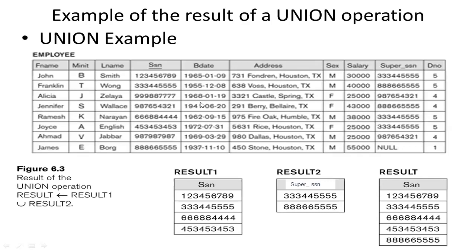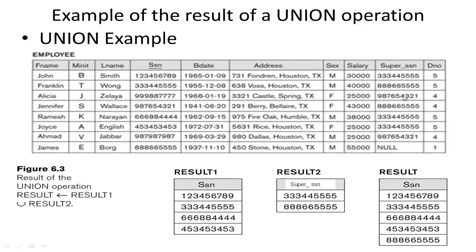You can see in this example, this is the employee table, and based on the given condition, we are using projection. Based on the condition department equal to 5, you get the SSN numbers of all employees in department number 5. There are 4 records. And in result 2, super SSN, we can see there are duplicate values.